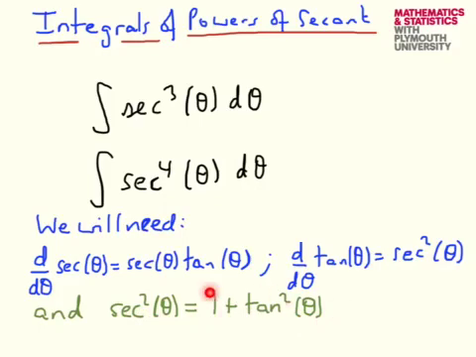So this is a very useful algebraic result for simplifying integrals that involve powers of secant or indeed powers of the tangent. So these are the basic results that we're going to need, and we're now going to look at how to calculate these integrals in turn. To do that, I'm going to move on to a fresh slide.